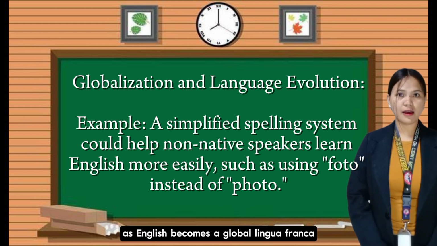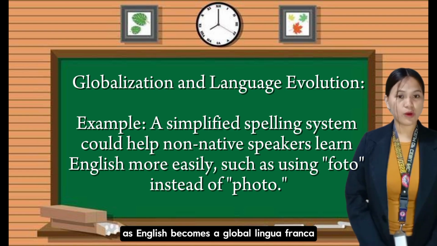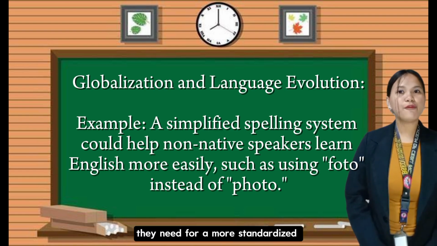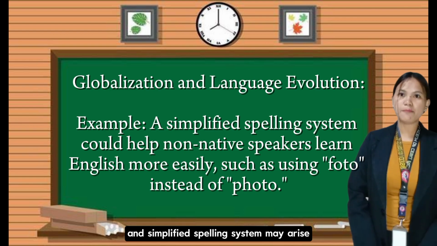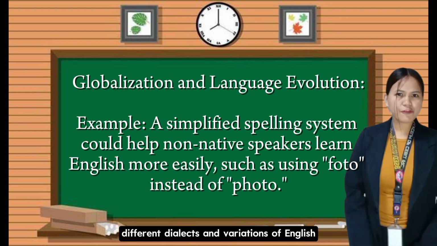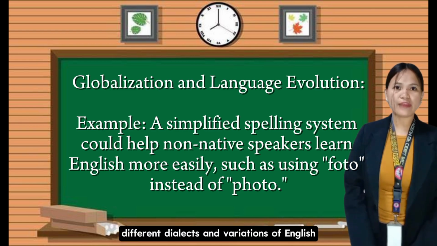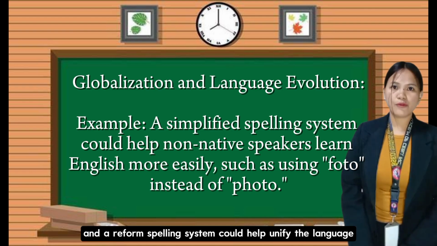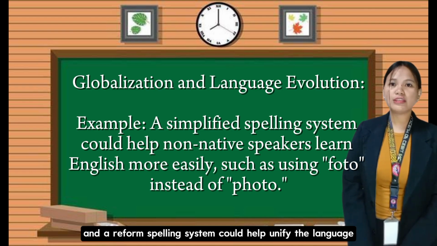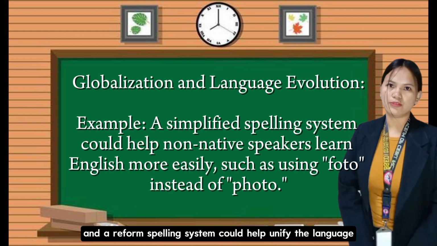As English becomes a global lingua franca, the need for a more standardized and simplified spelling system may arise. Different dialects and variations of English can lead to further confusion, and a reformed spelling system could help unify the language.